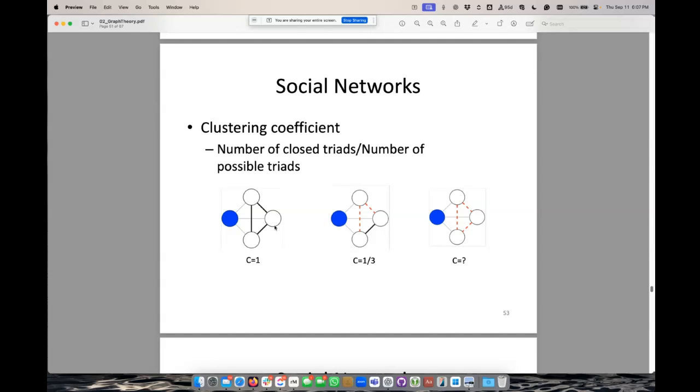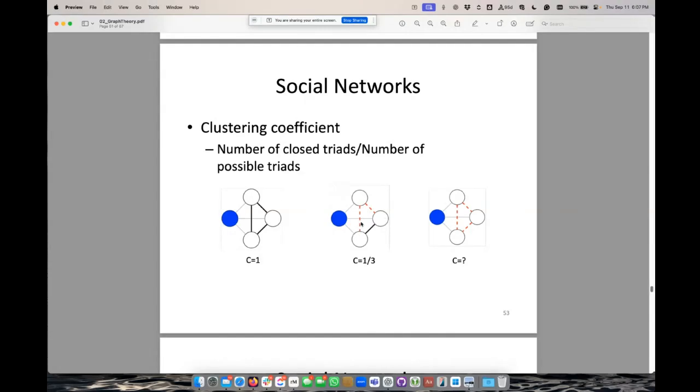So there is very little relationship fatigue, meaning you are not hiding things from the others, or you're not filtering information that is passed to you from one of your friends to the other friends, right? Which usually happens in cases where such triadic closures or such connections are not maintained. So if you take a look at the second example, where the blue node again has the same three friends, but those three friends are not connected with each other.